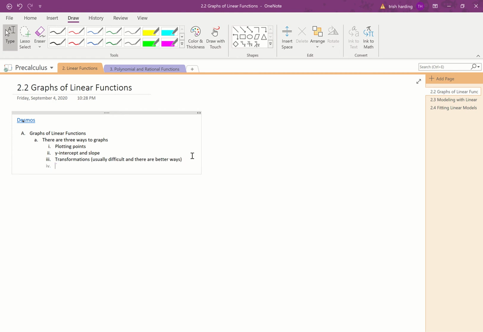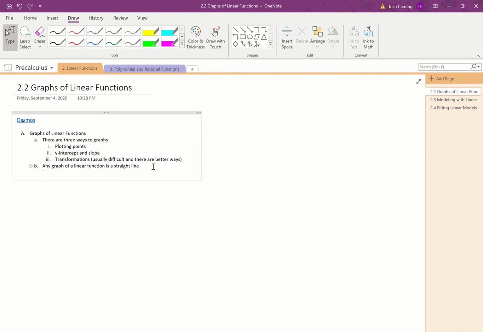Also note that any graph of a linear function is a straight line. So that's kind of what we're looking at here.